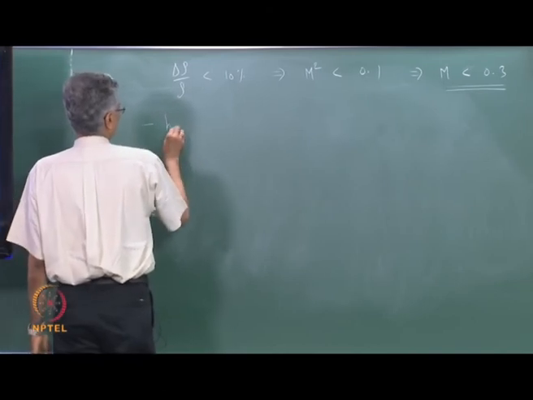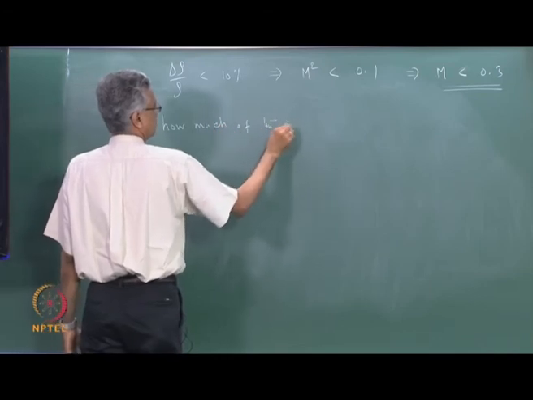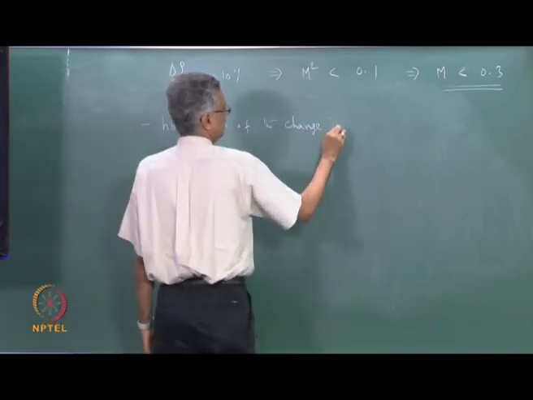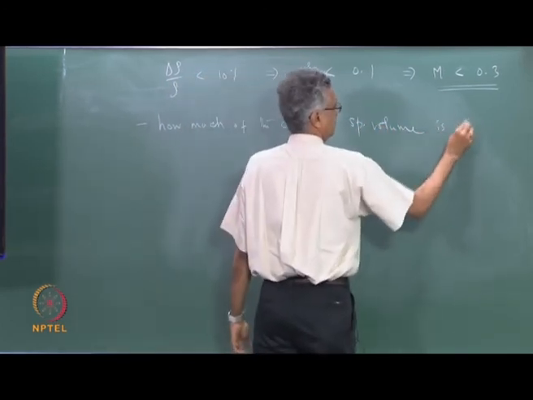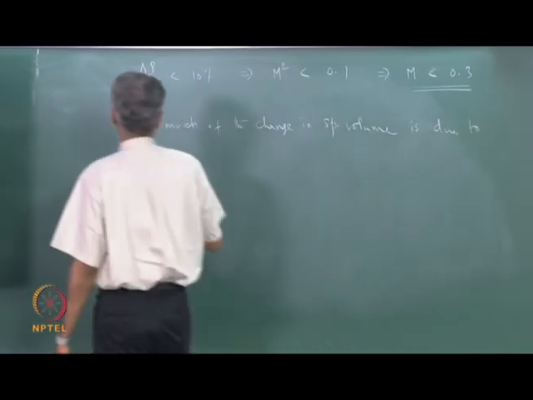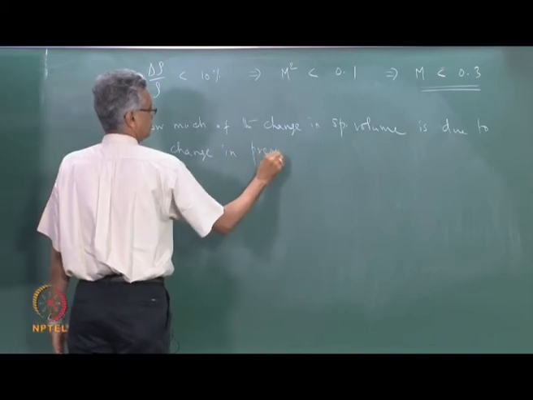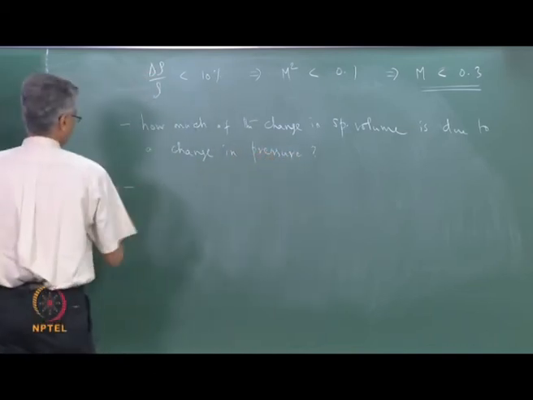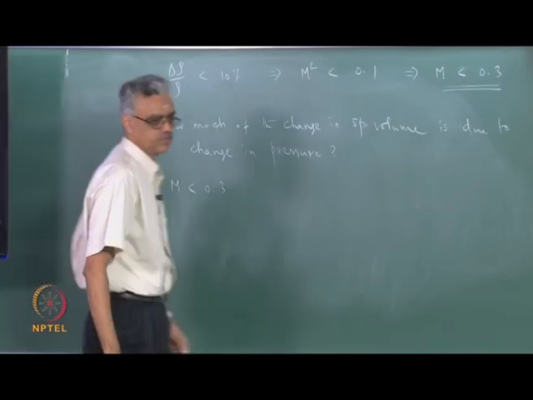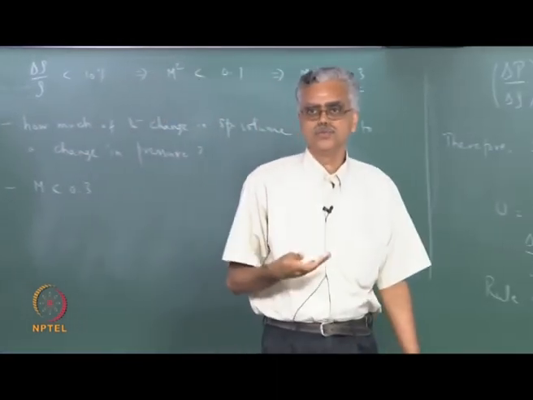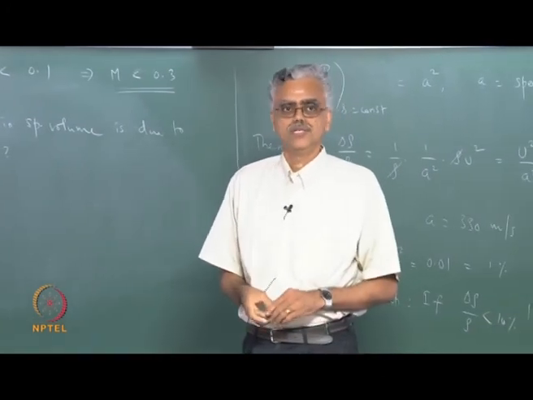One, how much of the change in specific volume or density, both are the same, right, is due to a change in pressure. We said that is very important. And number two, Mach number less than 0.3. So these are the two criteria that we can use to evaluate whether compressibility effects are significant or not in a particular component.